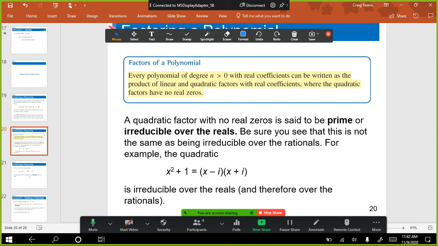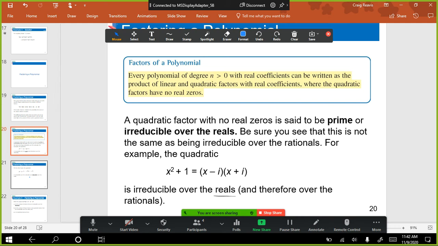So x squared plus 1 is irreducible over the reals. All right? So when they say it is irreducible over the reals, it means that we cannot factor it without using imaginary parts. So if I was only reducing it over the reals, I would have to leave it as x squared plus 1. I believe that's what that's trying to say.